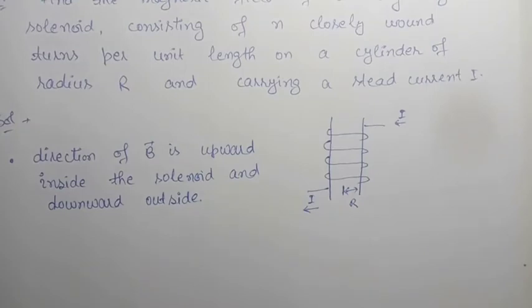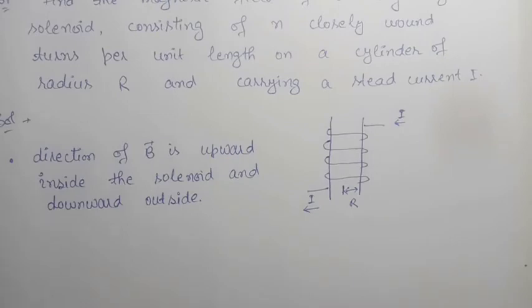Okay, so the first point here is that the direction of the magnetic field is upward inside the solenoid and downward outside the solenoid.